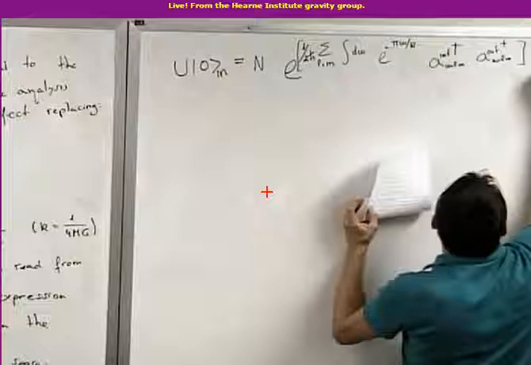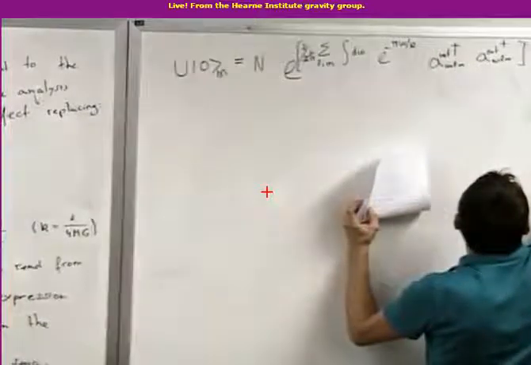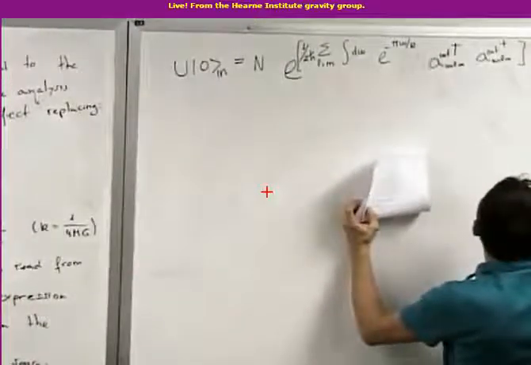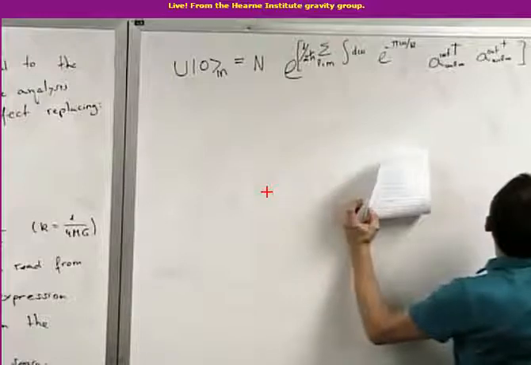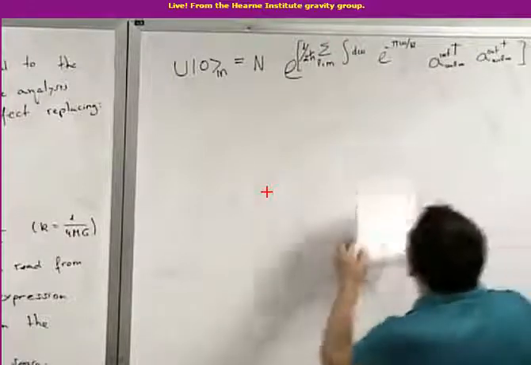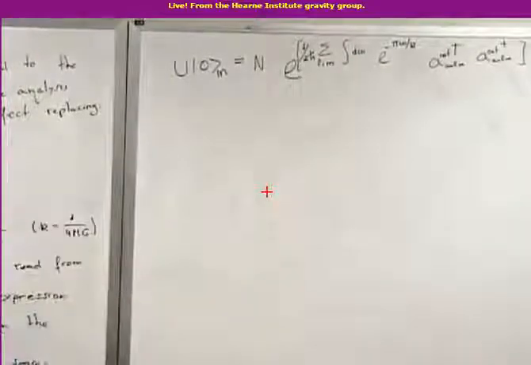I close the exponent, multiplying the int cross the out vacuum. This is what we obtain.